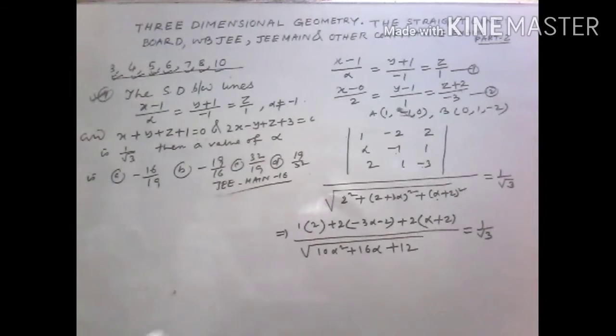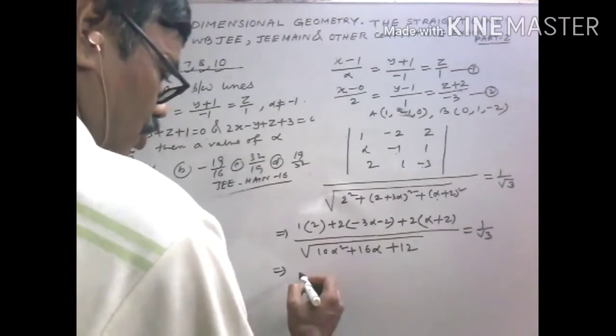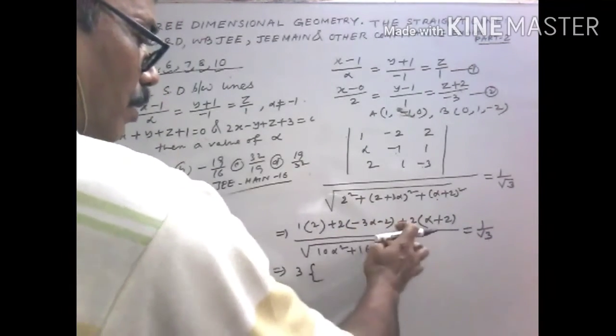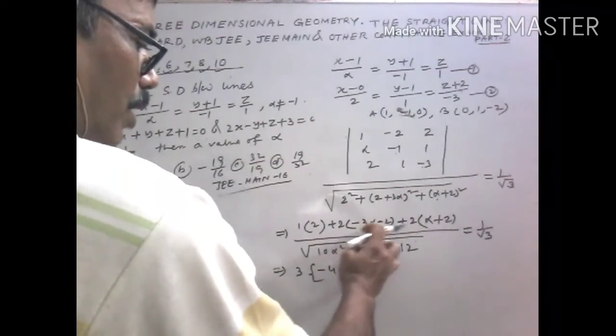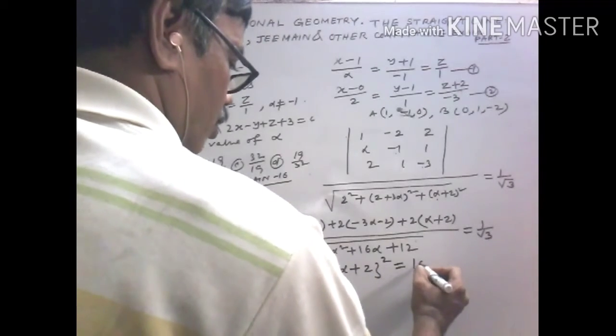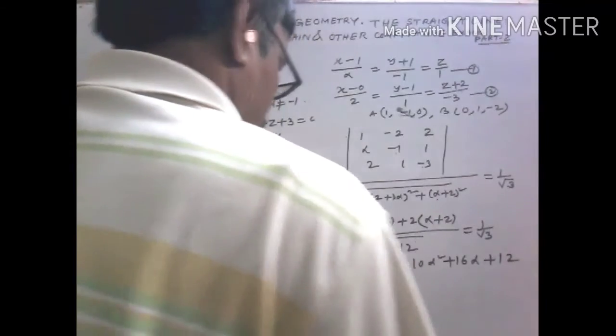Simplifying, if we take the square, 3 into (minus 6 alpha plus 2 alpha, so minus 4 alpha, the 4 and minus 4 cancel, plus 2) whole square equals 10 alpha square plus 16 alpha plus 12.